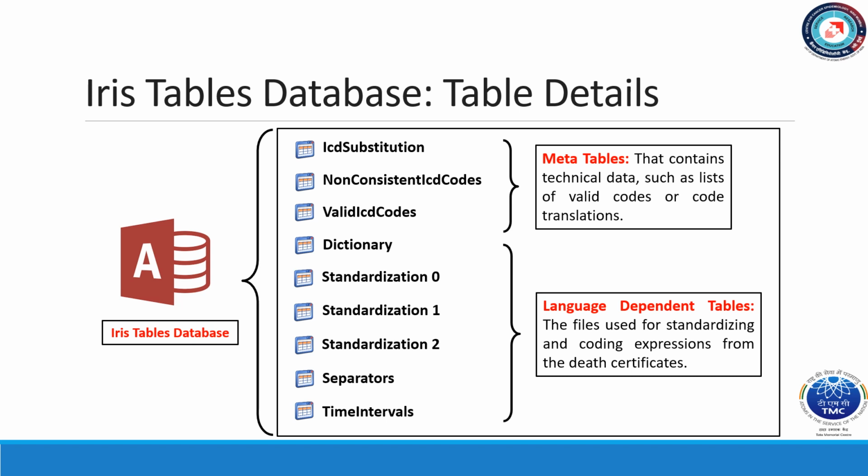These tables are empty or only contain a small number of records when you install IRIS. To make coding and standardization work satisfactorily, one will have to add data appropriate according to their own language. Perhaps one could share the dictionary and standardization tables with users from other countries or to develop their own dictionary.